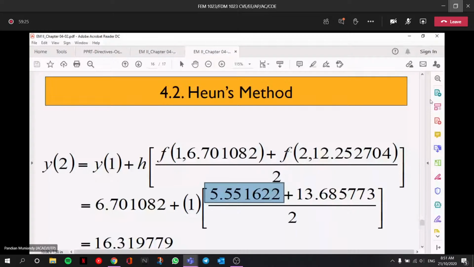And then F of 2, 12.252704, 13.685778. You add these two, divide by 2. Okay, with this 8, yeah. You add and divide by 2, multiply by 1, plus 6.701082. See, you get this answer now.